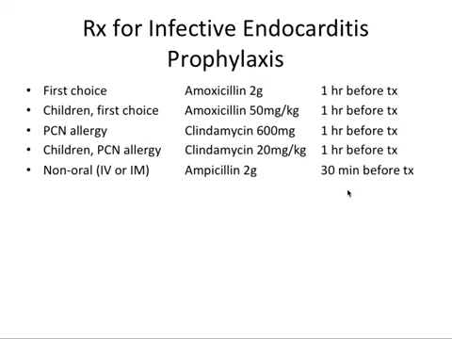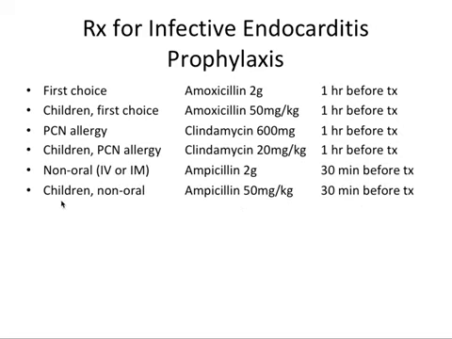All right, so what if oral medications are not an option? If you're taking a non-oral antibiotic, given IV, intravascularly, or IM, intramuscularly, you would take ampicillin. Now it's the same as amoxicillin, it's 2 grams, but this time, since it's absorbed quicker, only take it 30 minutes before dental treatment.